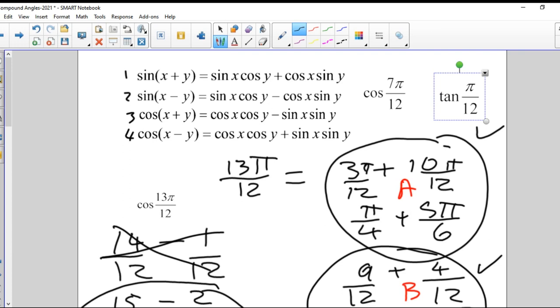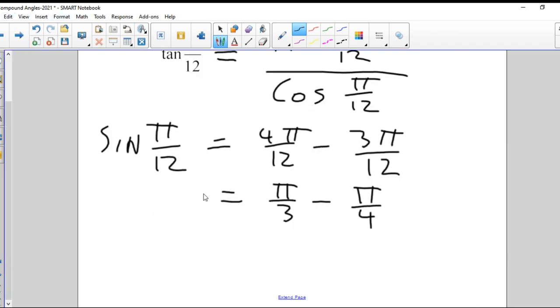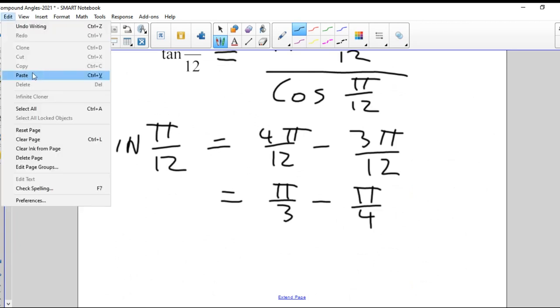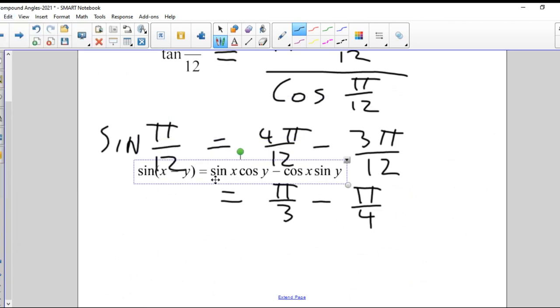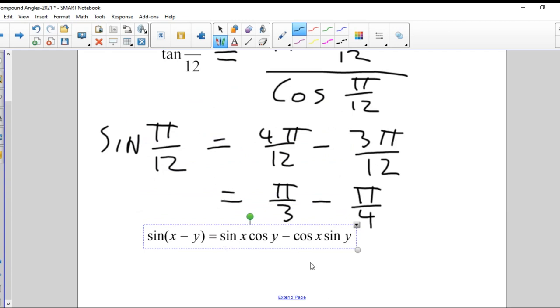So equation number 2. So we'll do exactly that. I'm going to copy that one now onto my second page, because I don't expect you to memorize them. I just expect you to know how to use them. Here we go. Let's paste this in. Put that down there. And now we're going to use it.